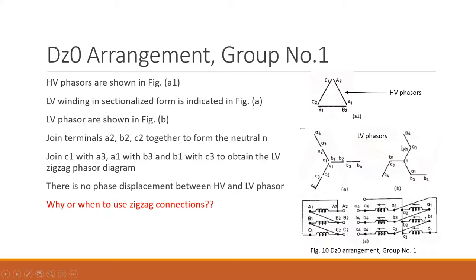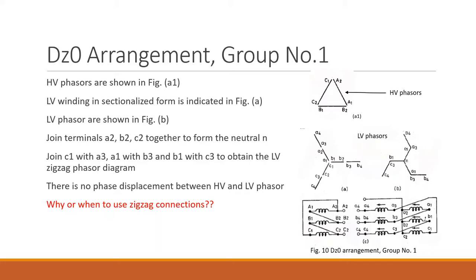So in this again there will be no phase displacement between HV and LV. Once it is drawn, you can draw this connection diagram. So this is what I call the phasor diagram for delta, zigzag, zero phase displacement transformer.